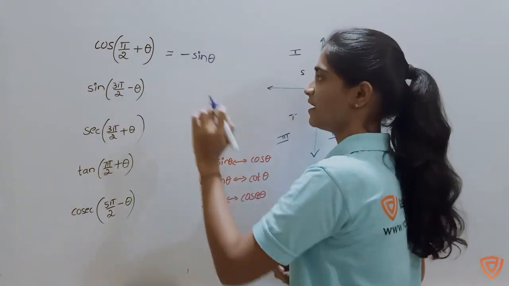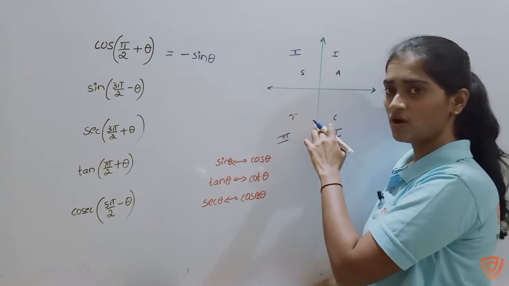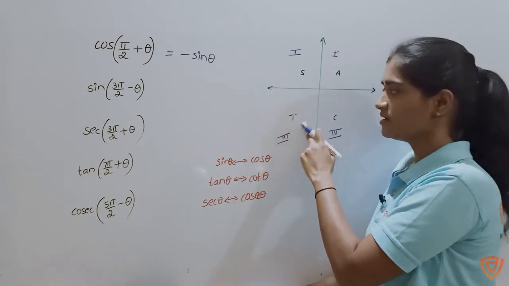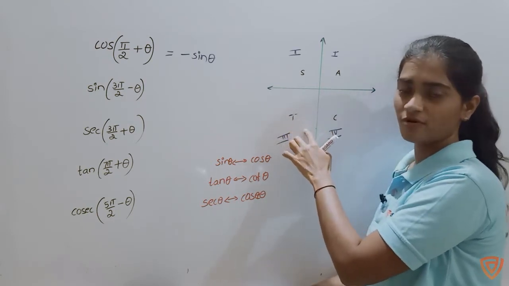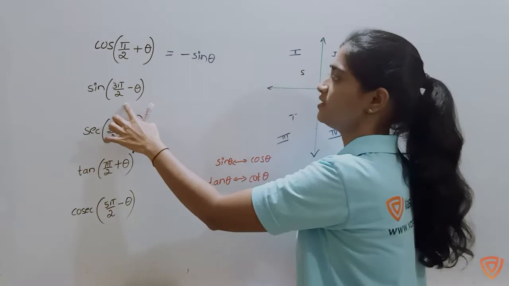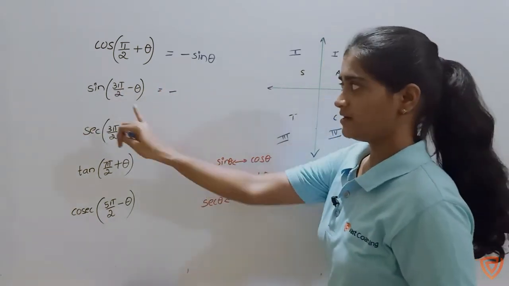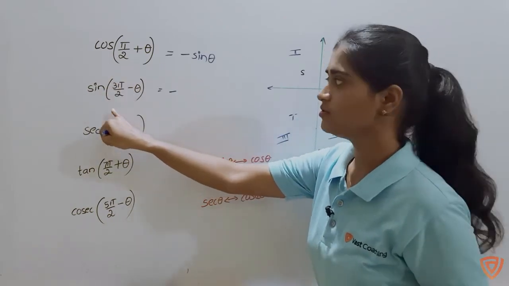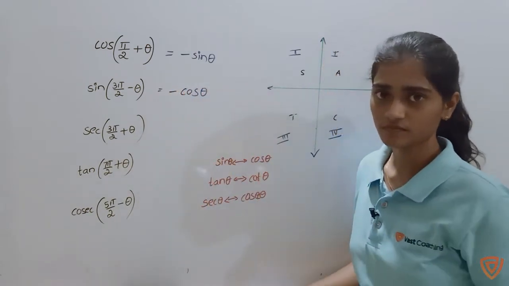So 3 pi by 2 minus theta, 3 pi by 2 is in the third quadrant, minus theta, so it falls in the third quadrant. In the third quadrant, sine is negative, and since it's an odd multiple of pi by 2, sine changes to cos theta, right?